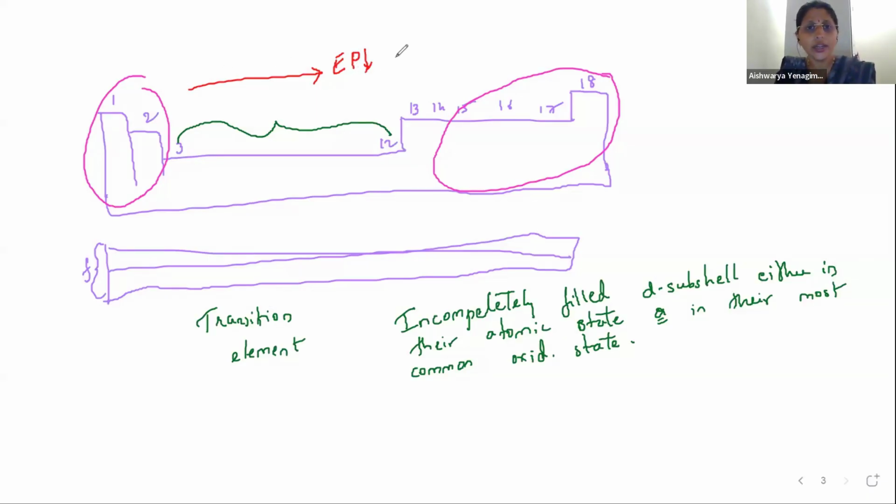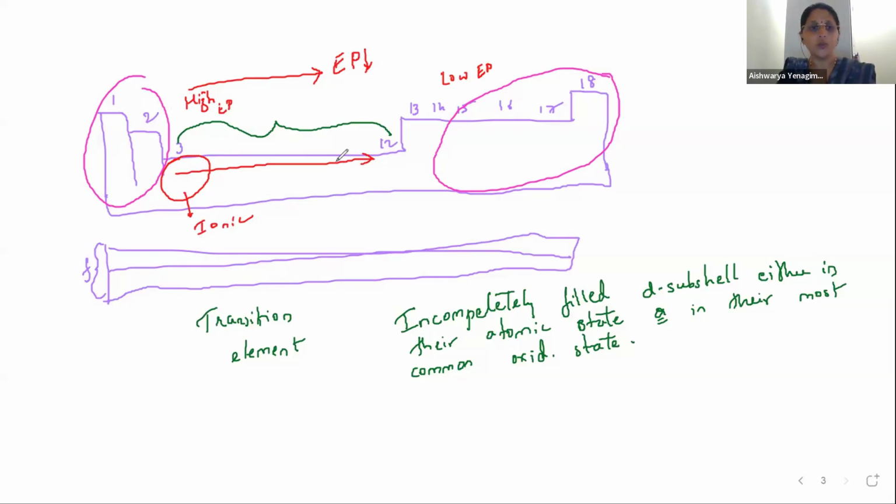On the left side, there are elements with high electropositive nature, and as you move from left to right, electropositivity is decreasing, so elements have low electropositive nature. Since in the beginning the elements have high electropositive nature, they are going to form compounds which are ionic. We know this: high electropositive nature means compounds are ionic.